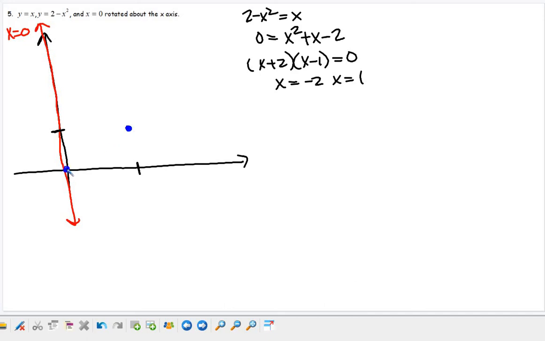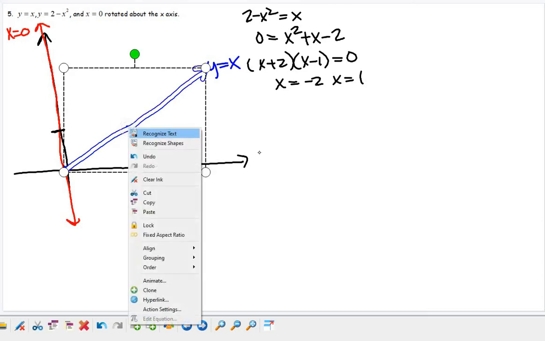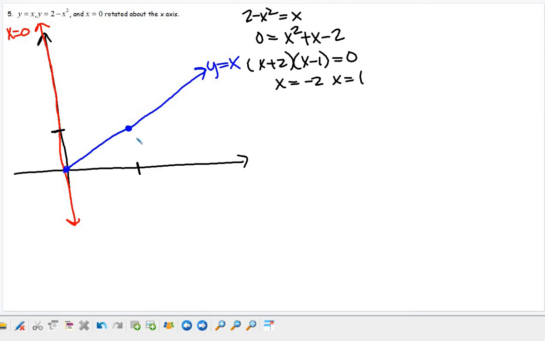It's going to go through 0, 0. So y is equal to x. And then x squared here is also going to be 1, 1. But I also need to figure out where it intersects up here. So this is y is equal to 2 minus x squared.